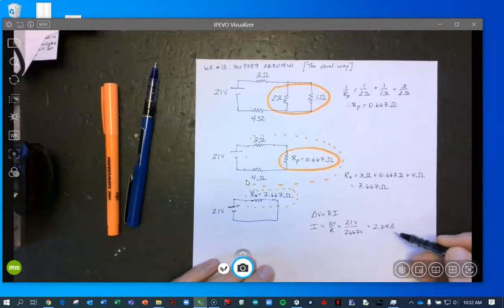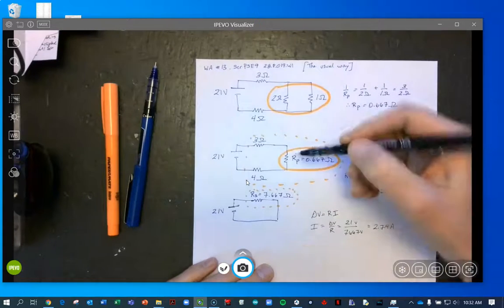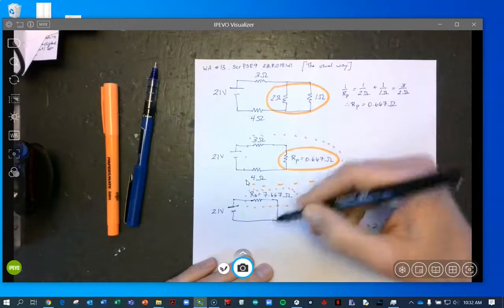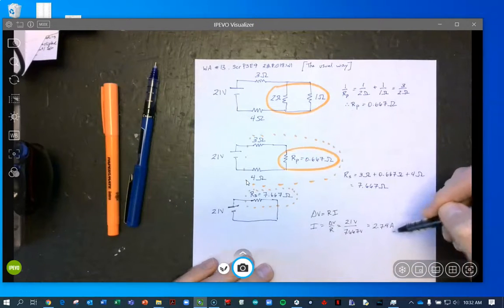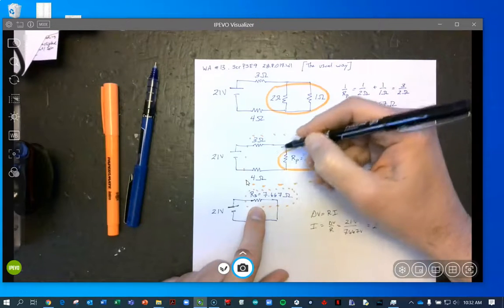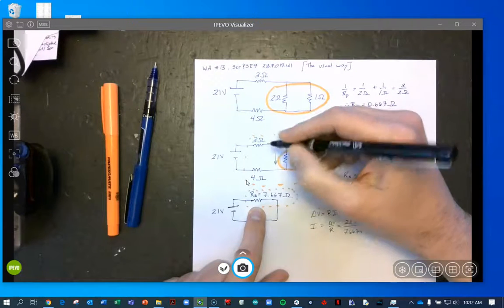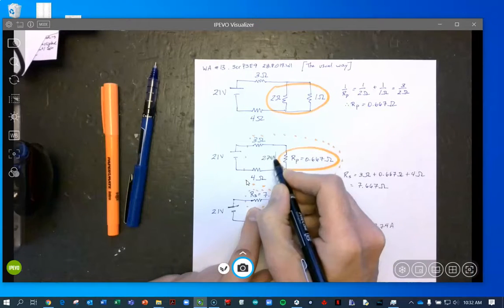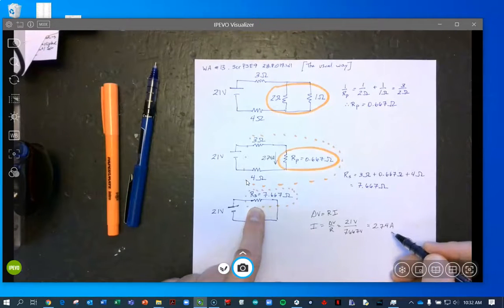Well, this is the thing we don't know. When we go back to here, the thing we don't know through this resistor is the current, and that current we know is 2.74 amps. Silly me, I said volts.